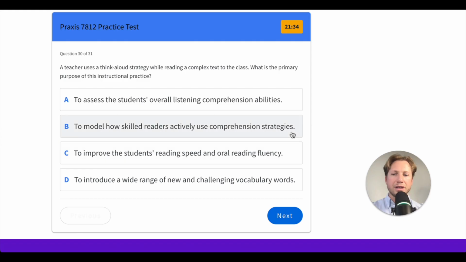Option B, to model how skilled readers actively use comprehension strategies. We talked about the think aloud, and this is the process of reading comprehension that makes it visible for the student and allowing the teacher to verbalize their thoughts. We can just hear what they're thinking in real time.